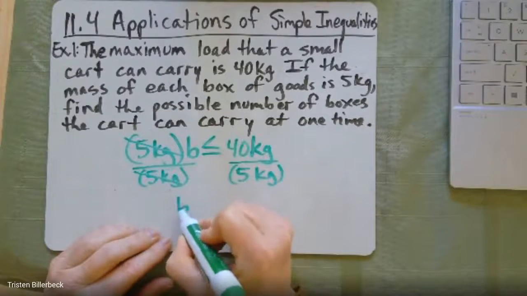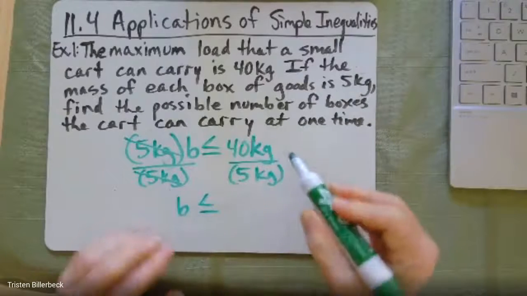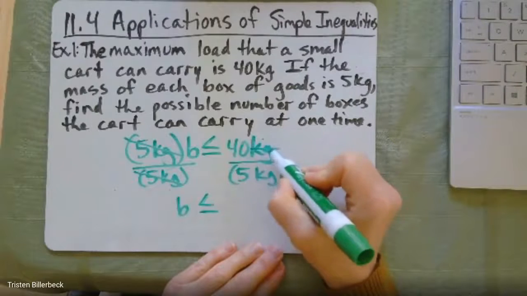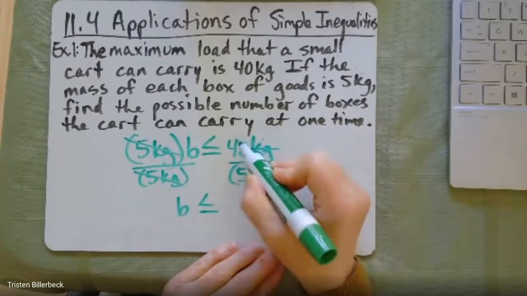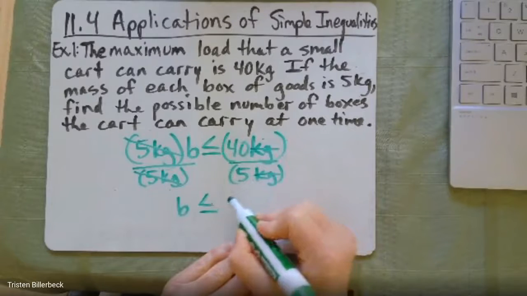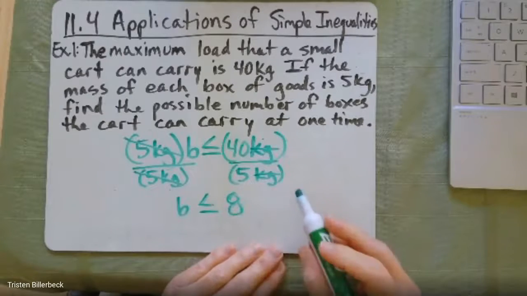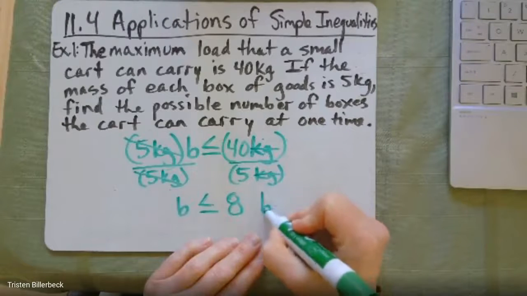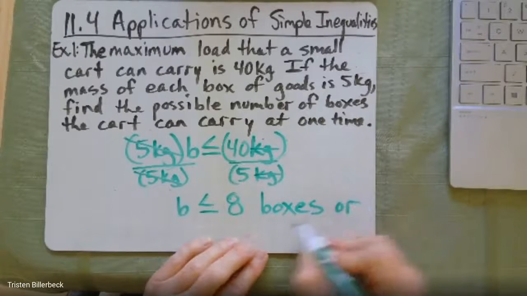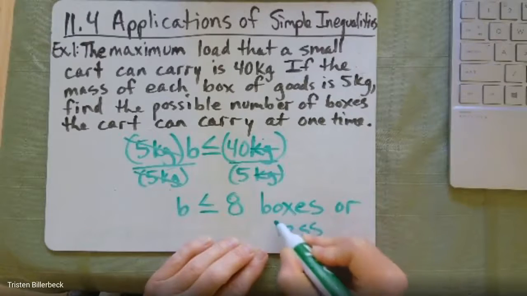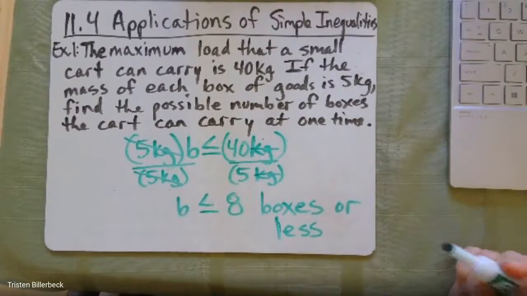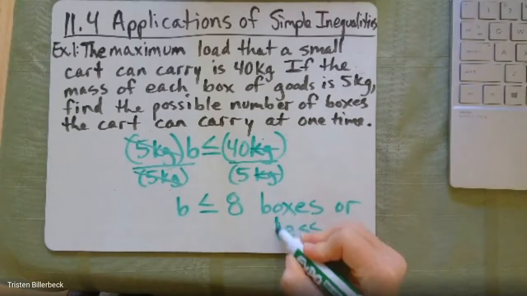And we have B is less than or equal to, and look, we have kilograms over kilograms, so the unit goes away, and we know that 40 divided by 5 is 8. So that means we can carry 8 boxes, or less. We don't have to carry 8 boxes unless we're maximizing our profit, or our efficiency.